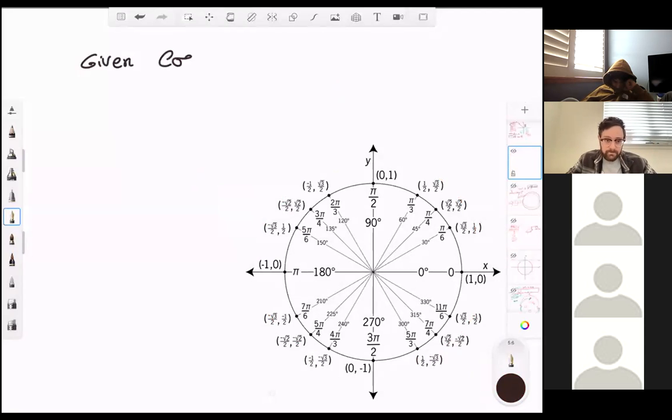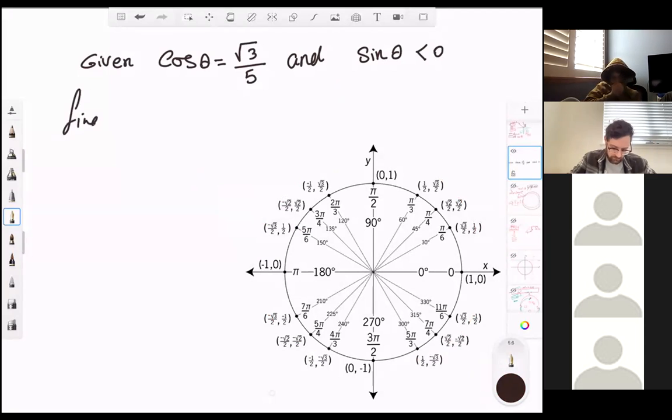So now look at the question. Given cosine of theta equal to radical 3/5 and sine of theta is less than 0. Good.